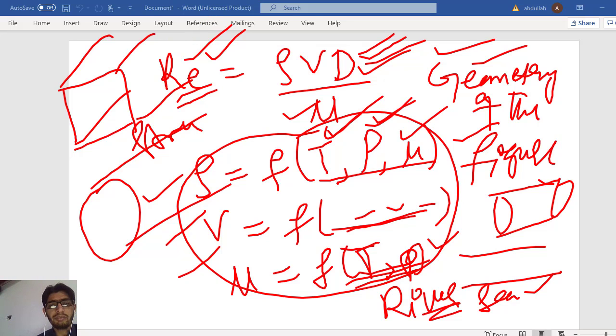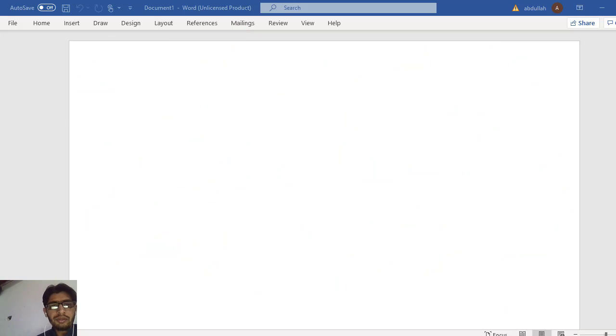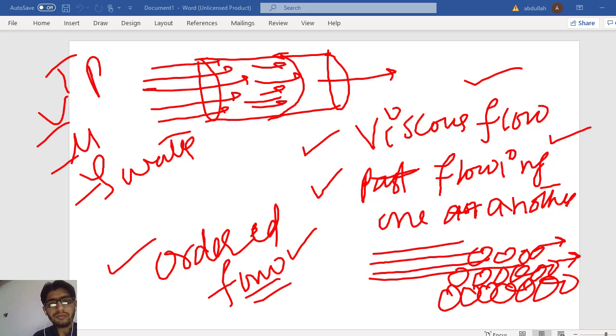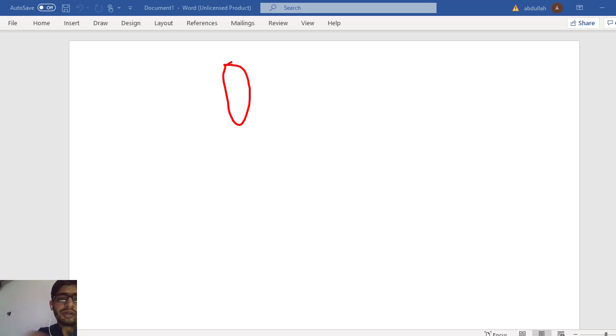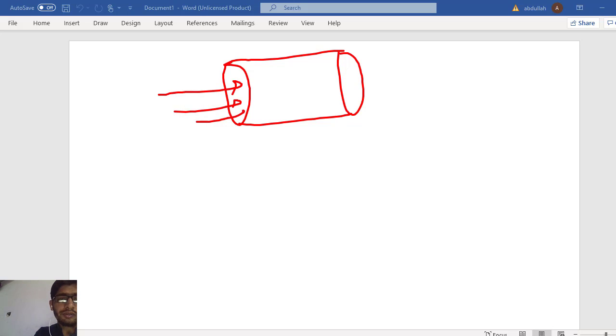On the basis of Reynolds number, we can determine whether the flow is laminar, turbulent or transition flow. Suppose we have a pipe in which water is flowing, and it forms a velocity profile like this.